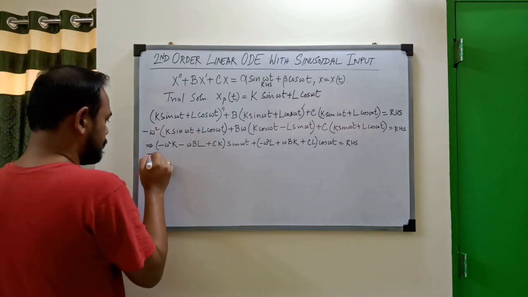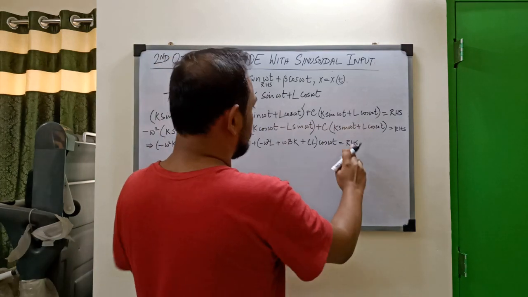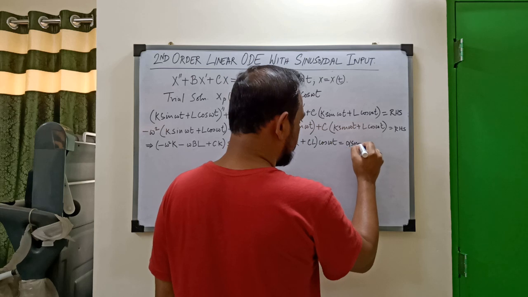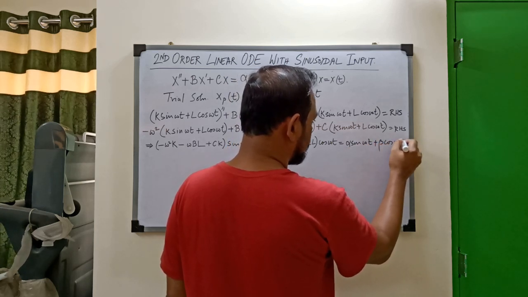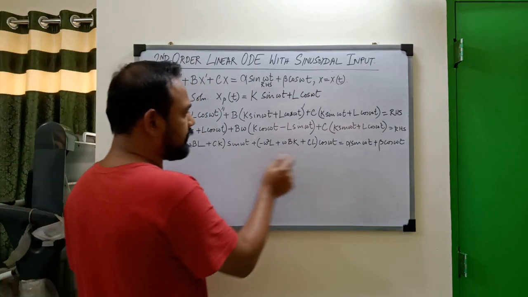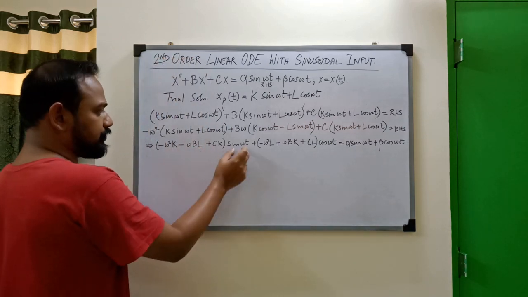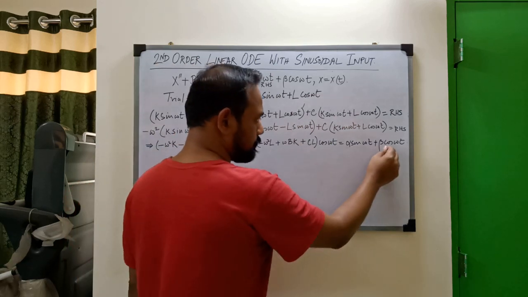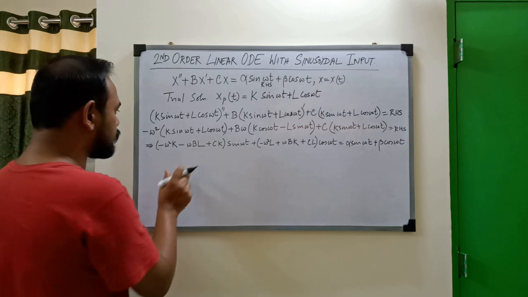This will be equal to the right hand side, which is alpha sine omega t plus beta cosine omega t. So we have waves on both sides of the equation, and these are both sine and cosine, so the coefficients will have to be the same. In other words, the coefficient of the sine function will be the same as alpha, and the coefficient of the cosine function must be the same as beta. That's how we find the undetermined coefficients k and L. So let's write that down.